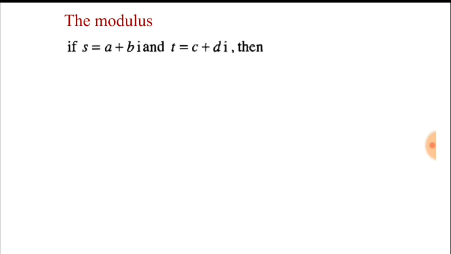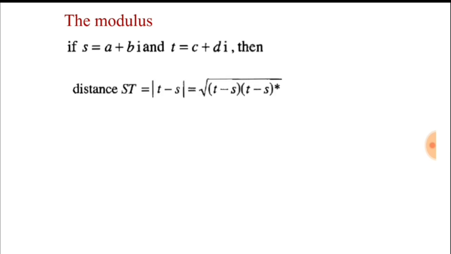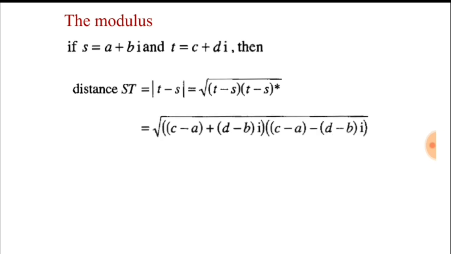If s equal to a plus bi and t equal to c plus di, then distance st is equal to modulus of t minus s, which is equal to square root of t minus s times t minus s star. It can be written as square root of c minus a whole square plus d minus b whole square.